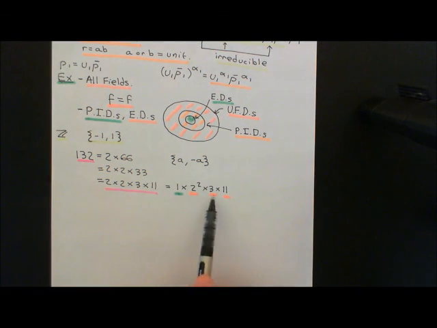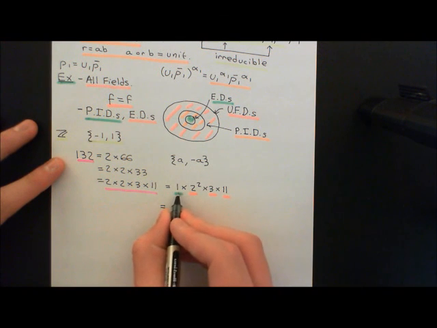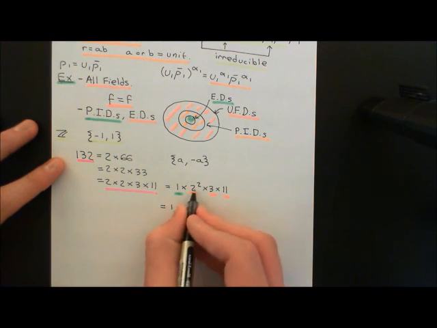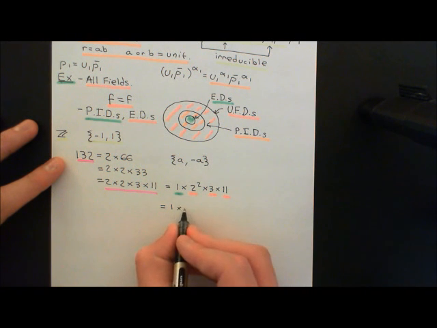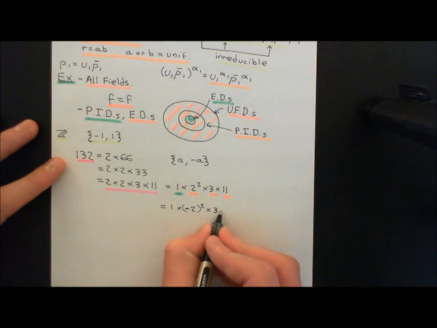Let's now replace some of these with their associate elements. For instance, I could replace 2 with negative 2. And it wouldn't actually change the unit I need out the front because the squaring would cancel the negative. So I'll have negative 2 squared times 3 times 11.